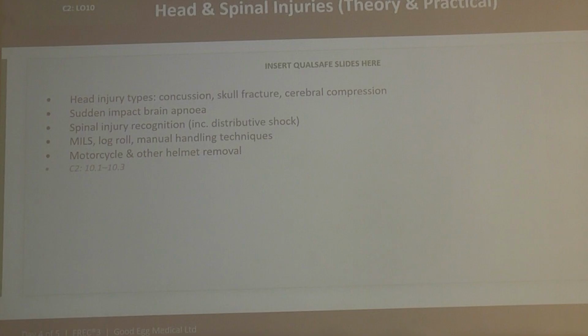We've spoken about limb injuries and abdominal injuries, and now we'll look at the different types of head injuries, what they might present with, and how we recognise them. We'll also look at manual inline stabilisation, log rolling, and manual handling for patients with spinal injuries, to prevent any worsening of the injuries.